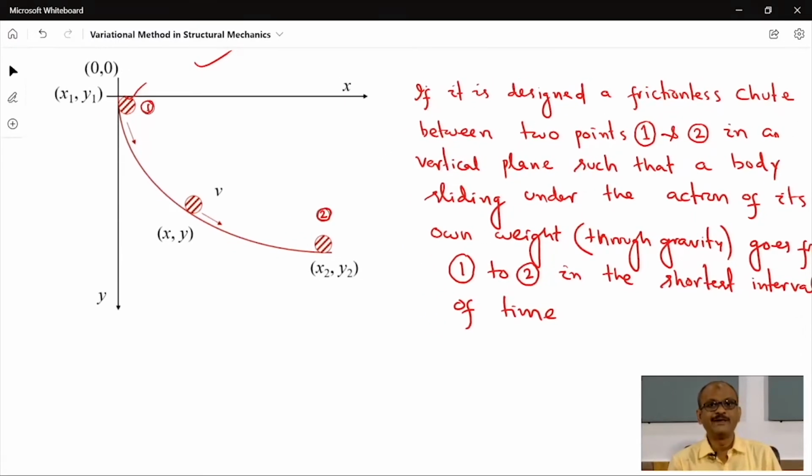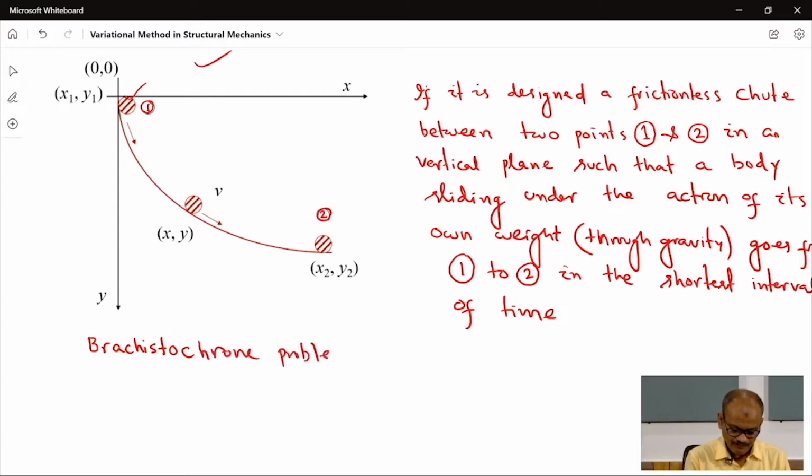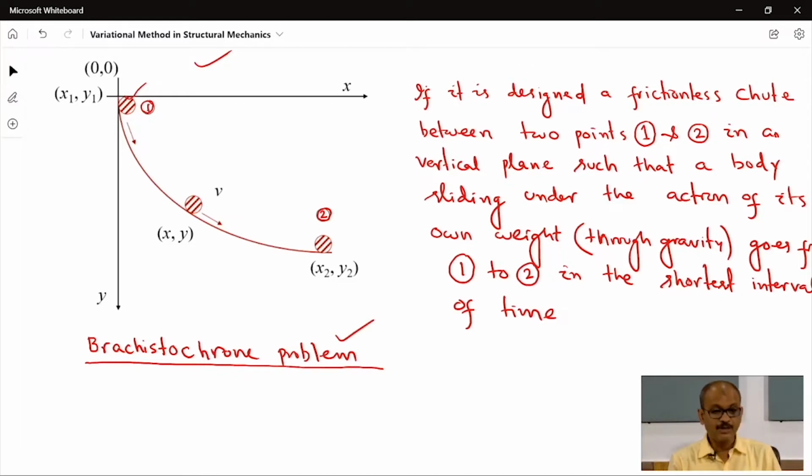That we will have to find out. This is popularly known as the Brachistochrone problem.